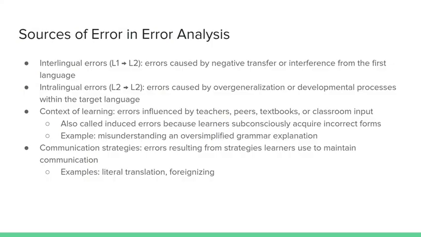So in order for your communication to successfully be done, sometimes accuracy is behind your priority of making the communication happen. That has to do with this idea of the communication strategies, where we talked about code switching, for example, right? Code switching could be another example of the communication strategies that students use. And through that, we'd be able to monitor some of the errors.